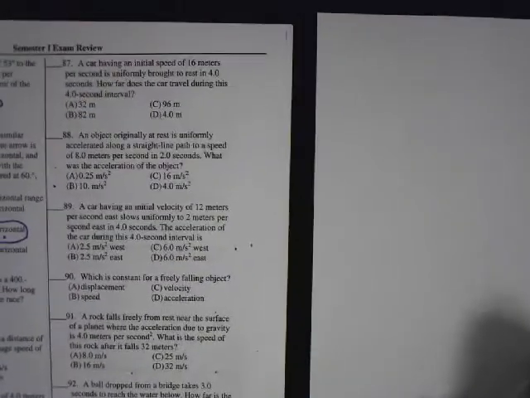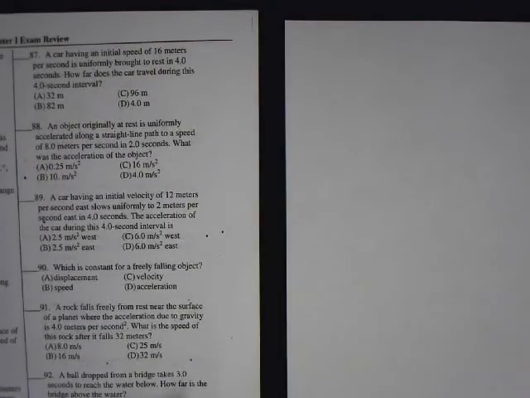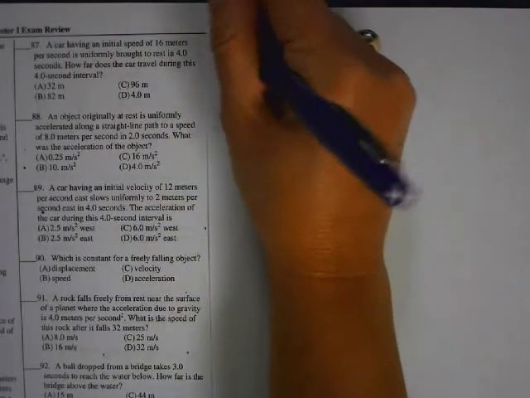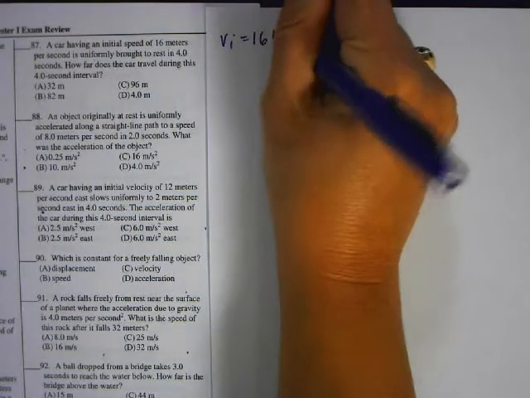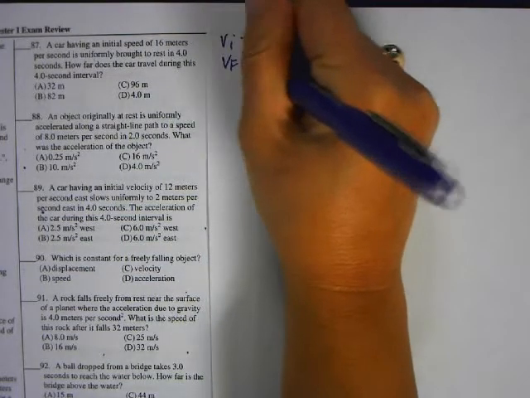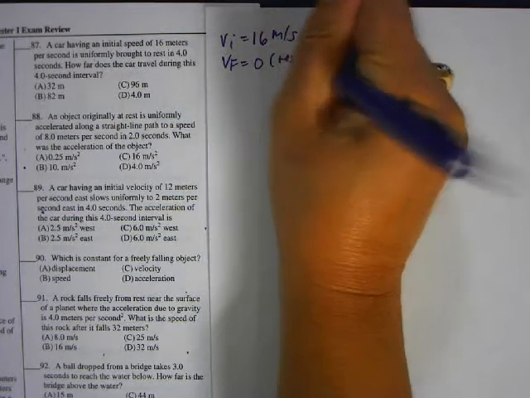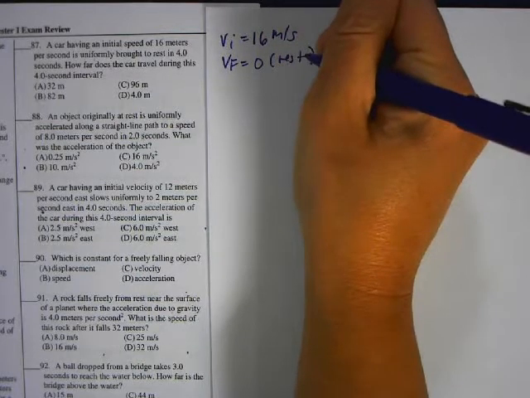Okay, number 87. It says a car having an initial speed of 16 meters per second, so VI is 16, is brought to rest, so VF is equal to 0. How far does it travel during this 4-second interval?